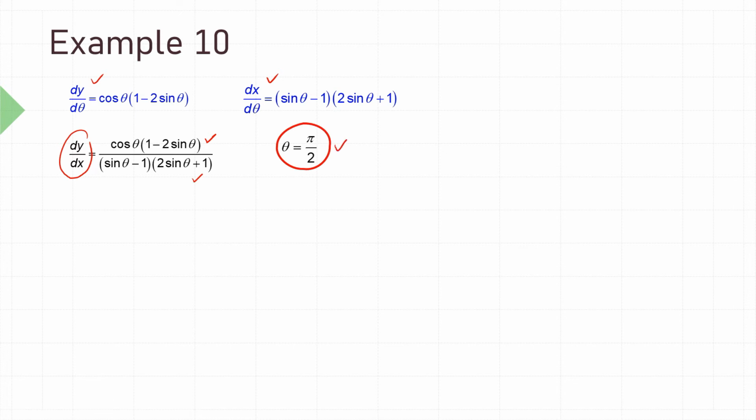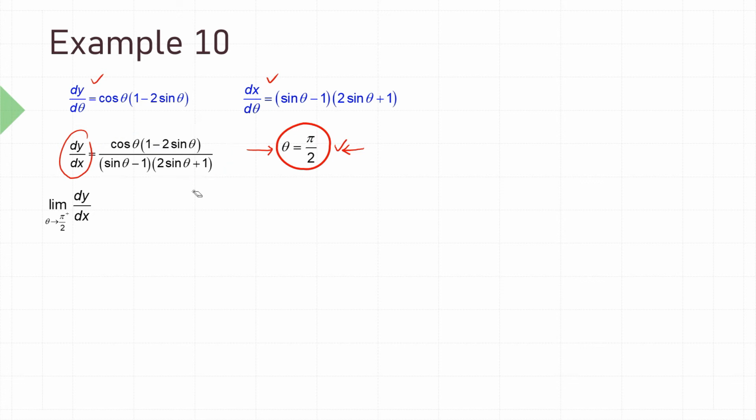Therefore, we should find the limit from left and also from right of pi over 2. Let's say we start with finding the limit of dy over dx for theta approaching pi over 2 from the right.